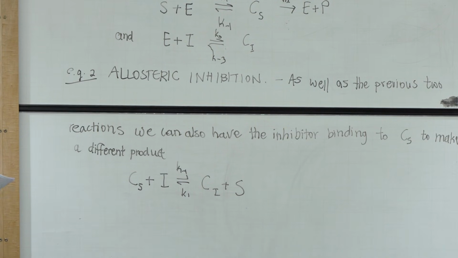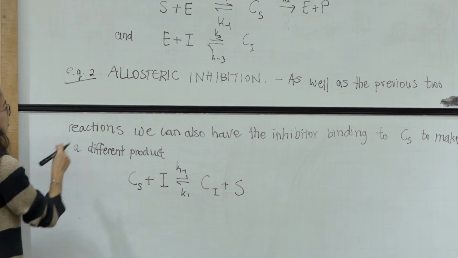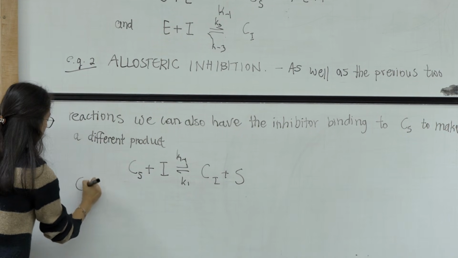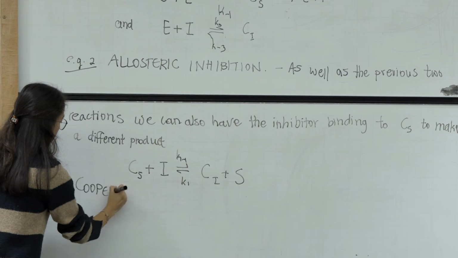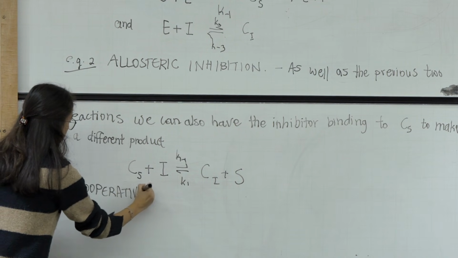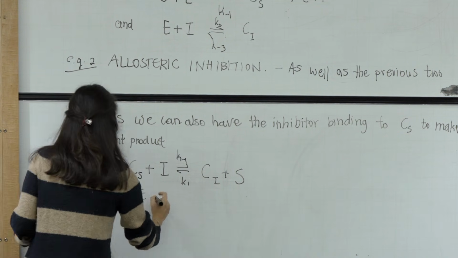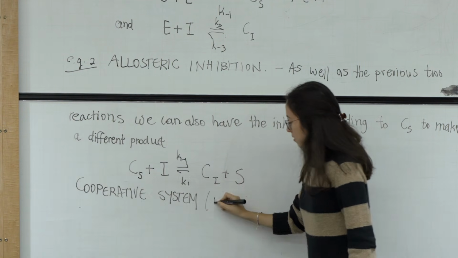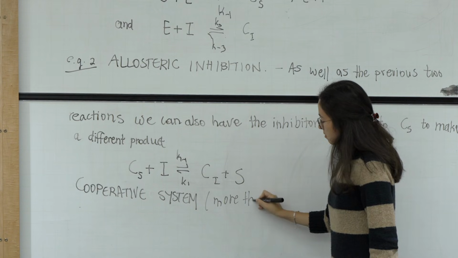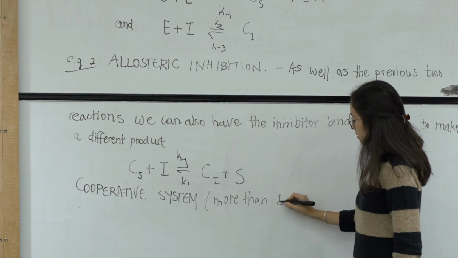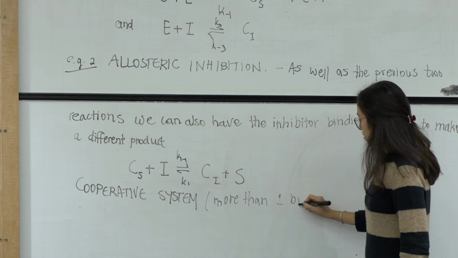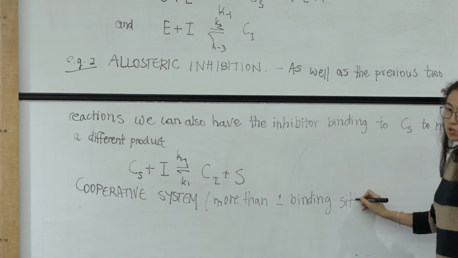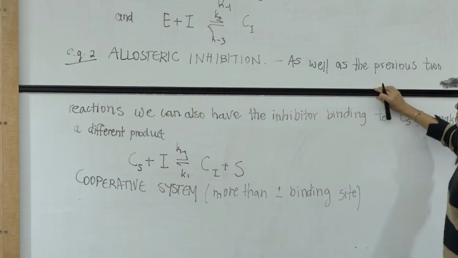Okay, so from this now, we can also have, as I said, more than one binding site. So this is what I will call a cooperative system. This is when you have more than one binding site. And I will show you a schematic representation of this for 2 active sites.